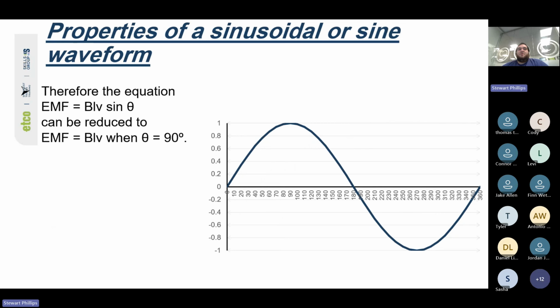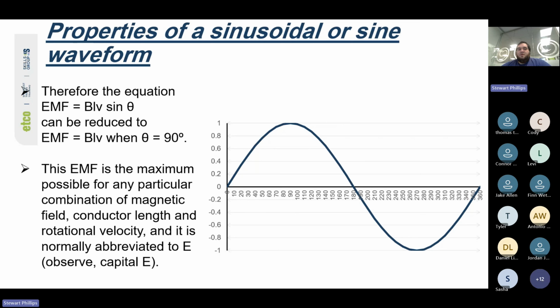So the equation we use, BLV sine theta, we can reduce to BLV when theta equals 90. So we know that as multiplying the field strength by the length of the conductor by the velocity, BLV. At 90 degrees, we can just get rid of the sine because we don't need to worry about that.